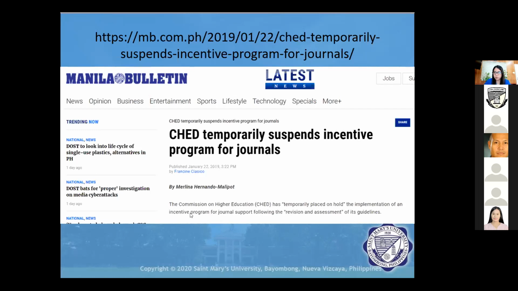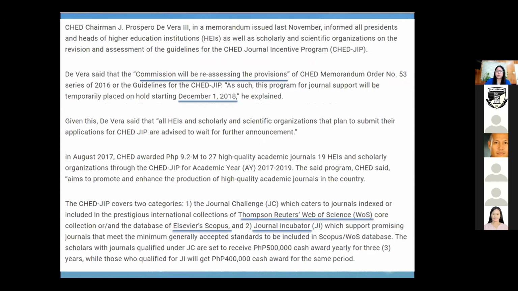It is because the implementation of the incentive program for journals needs revision and assessment of its guidelines. So it is being placed on hold starting December 1. And what are the reputable journals for them? If we just consider this article, it is the Thomson Reuters Web of Science. This is the Clarivate. The former name is Thomson Reuters Web of Science, but it's known now as Clarivate.